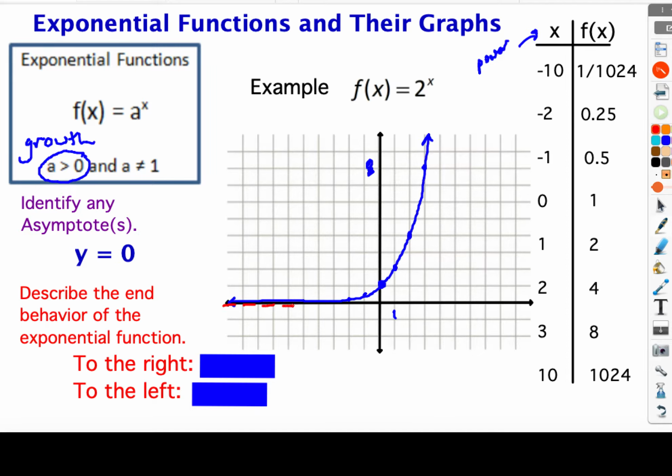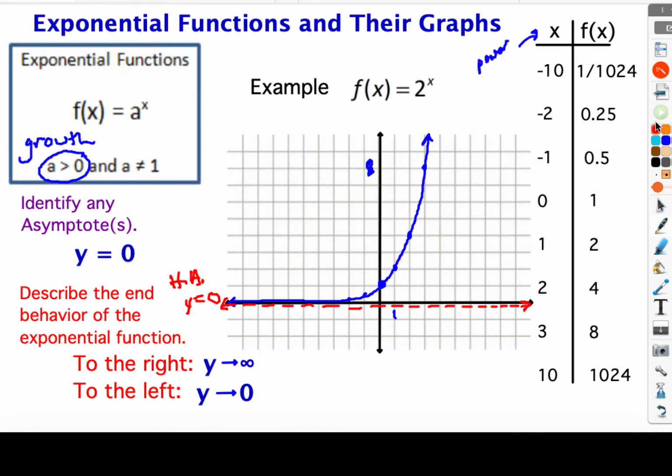We're just going to draw a nice dashed line right along the x-axis, basically just reminding ourselves that y equals 0 is going to be our horizontal asymptote. So we'll say HA there, horizontal asymptote. Out to the right, we were getting larger and larger, but out to the left, we're going towards 0. It's getting closer and closer to 0 without ever touching.